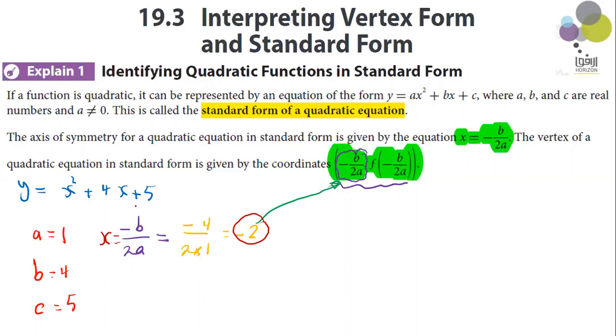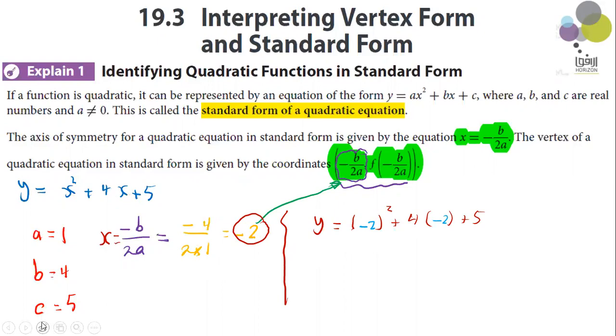Replace any x with -2 and evaluate the expression you have like this: y equals open brackets power 2 plus 4 multiplied by open brackets plus 5. These empty brackets are for x, so I will put inside these brackets the value of x, -2, okay?